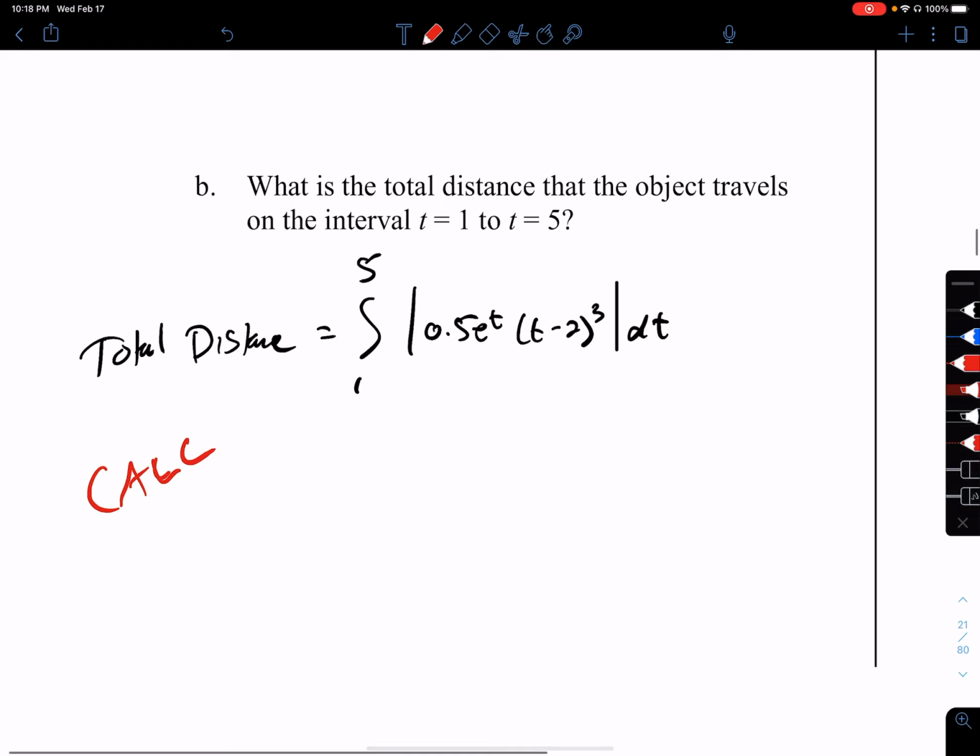To find the absolute value bars, you go to, I think it's math, and then numbers, and then ABS, absolute value. So integrate this with your calculator. If you forget how to do it, let me know, and I'll remind you how to do it. Send me a message on Remind, or ask me in school. You get 913.067.